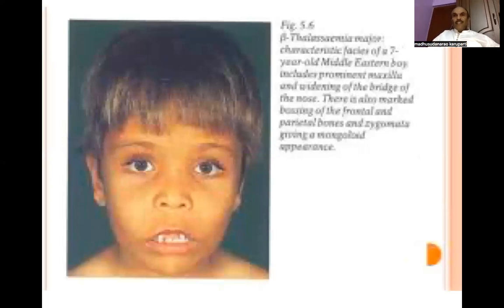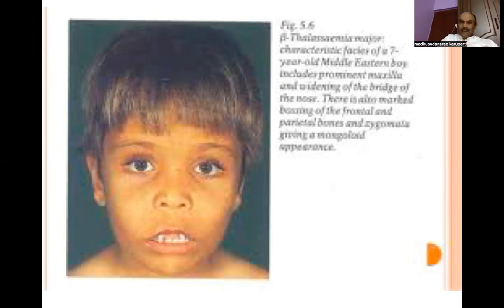Well, this is the picture of a 7-year-old male child that has been suffering from beta thalassemia major. It is a neglected case, never attended for blood transfusions, and he lives in the tribal area.